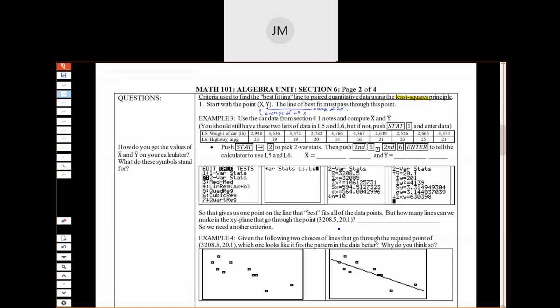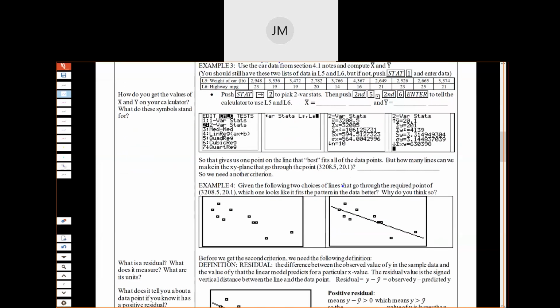Okay, now, how many different lines can I have that go through that point? Well, the idea is I could pick a different direction. There's infinitely many lines that I could pick. What we want to do is find which one fits the best.